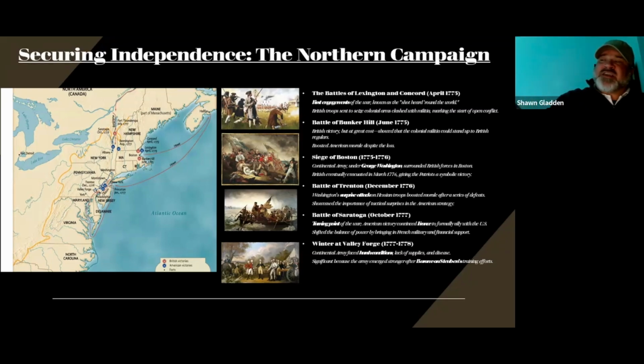Now, the interesting thing about those cannon that were brought to Boston, those were the ones that were seized from Fort Ticonderoga, which was another one of the early victories for the colonists. I talked about this last week. This is one where Ethan Allen and Benedict Arnold basically walked into the fort and captured it.